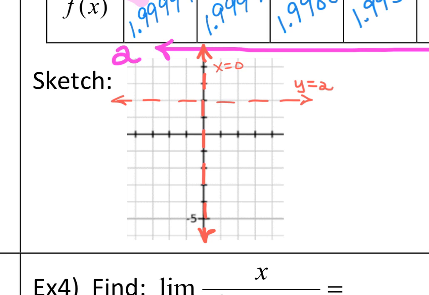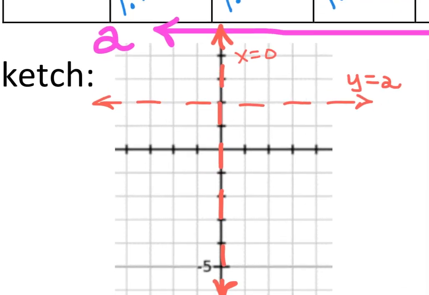Let me start at -3. I'm just going to put a few points to give me a rough idea. At -3, the y value is 5/3, so that's about 1 2/3, so that would be about there. And at -1, it's -1.